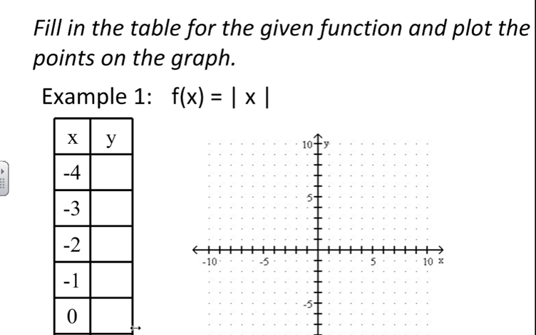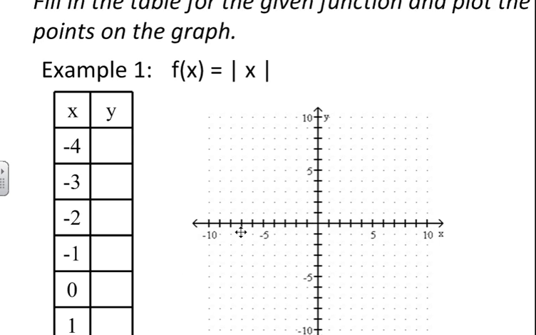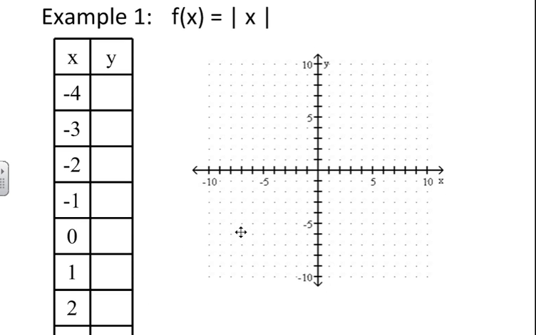All right, let's look at the first example. What we want to do is fill in the table for the given function and plot the points on the graph. So let's go ahead and do that first. So we have f of x is equal to the absolute value of x.